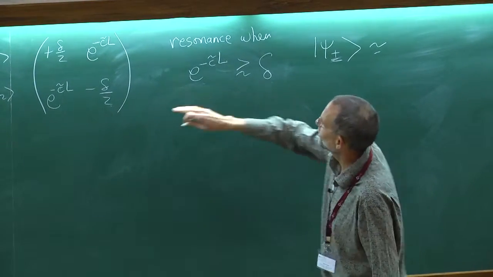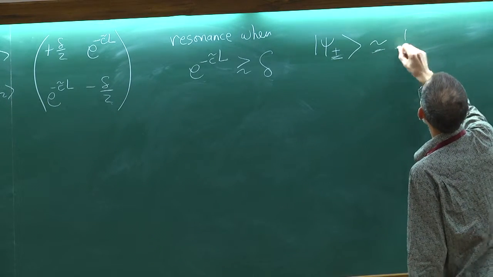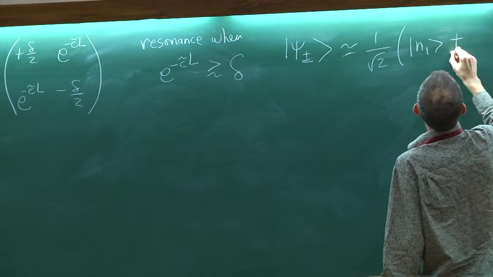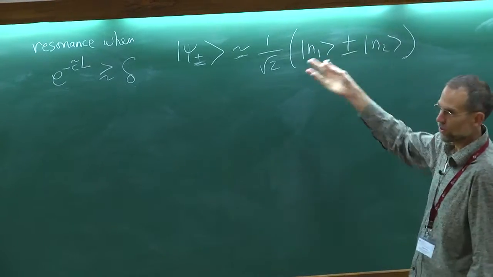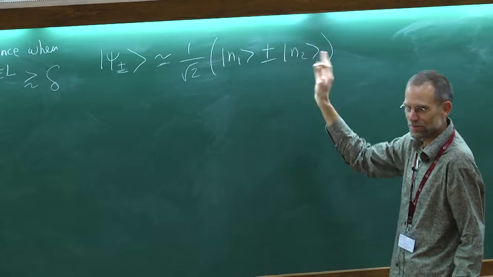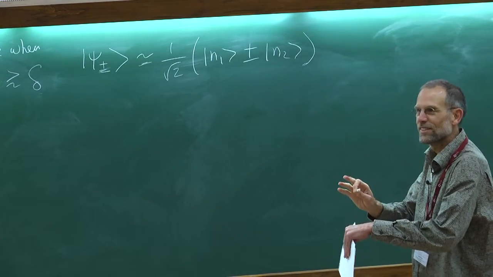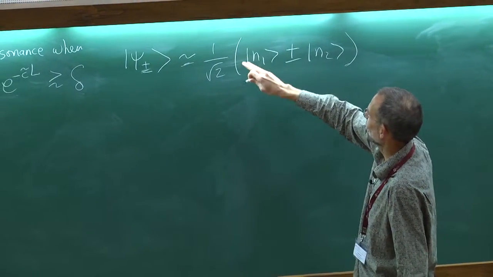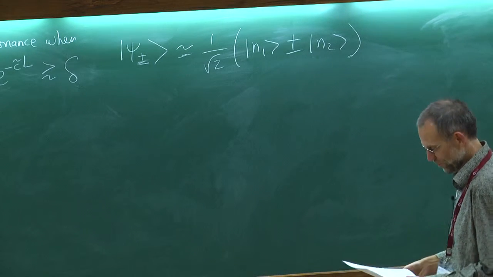So if the level spacing is negligible compared to the coupling, we know what the eigenstates are. They look like 1 over root 2 times N1 plus or minus N2, right? So this is a sort of a caricature of a strong resonance. You just make even and odd linear combinations of the two patterns. The real situation is, you'll have something that's 60% this and 40% that, or something like that.